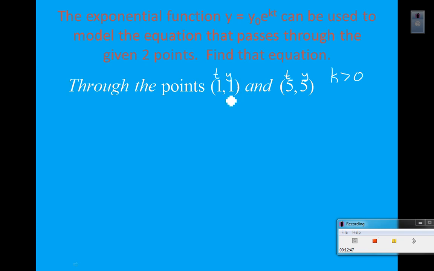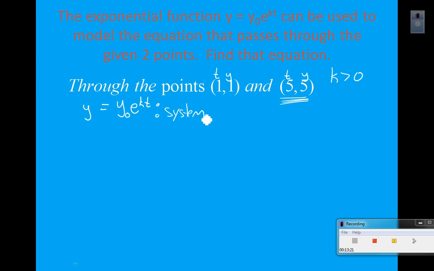Since we don't know y sub 0 or the k value, we have to go find both of them. So to do that, here's what I'm going to do. I'm going to grab the ordered pair with the bigger value first, so the (5, 5), and plug it into y equals y sub 0 e to the kt. And I'm going to set up a little system of equations.